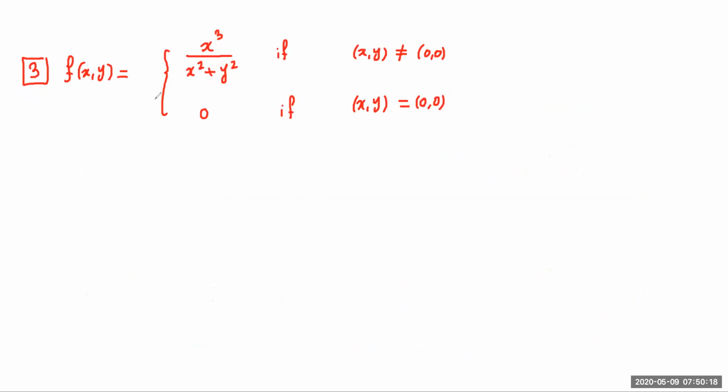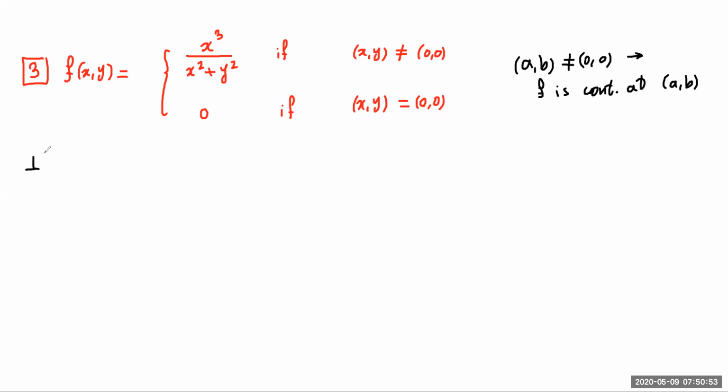The question: is f continuous on its domain? If the point (x, y) is different from (0, 0), the function is continuous at this point. So for any point (a, b) different from (0, 0), f is continuous at the point (a, b). The problem is only at (0, 0). So let's take the limit of this term.